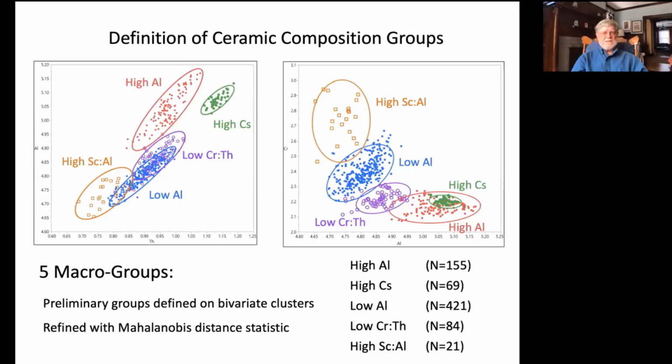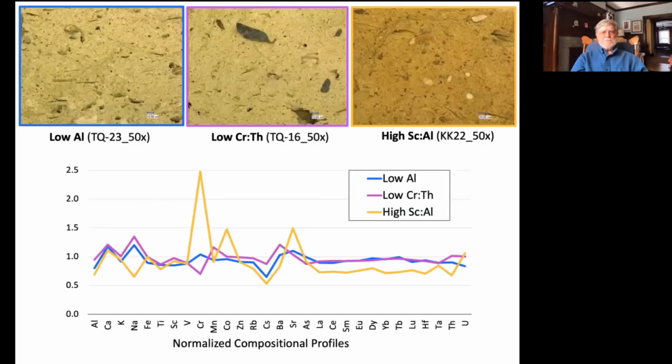And you can see them. These compositional profiles show which elements distinguish which group, the groups one from another. So the high scandium, the ratio of scandium to aluminum has lower sodium, higher chromium, higher cobalt, low cesium, high strontium.